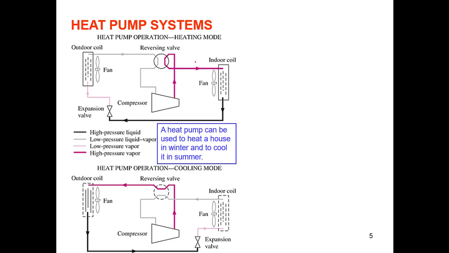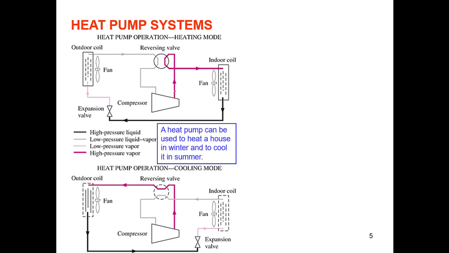One is the evaporator and the other is the condenser, which rejects the heat outside. So we can use the same equipment for the air conditioner as well as the heat pump.